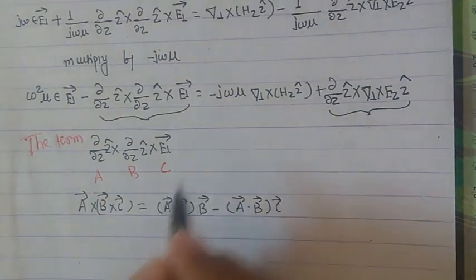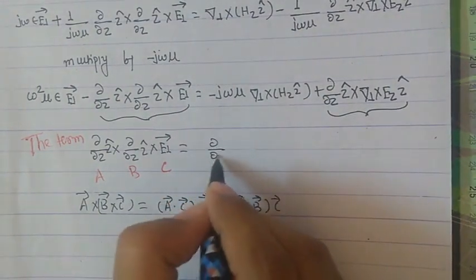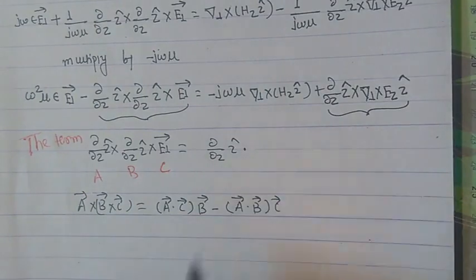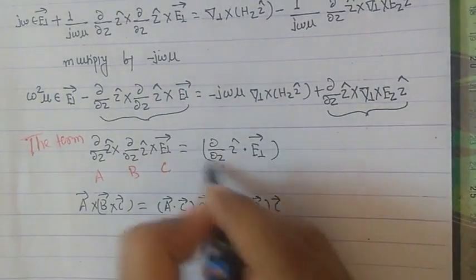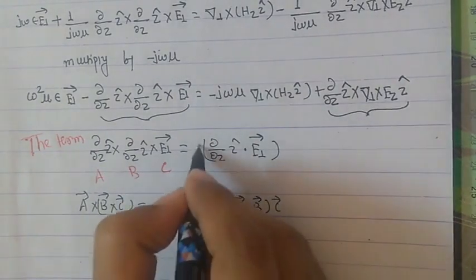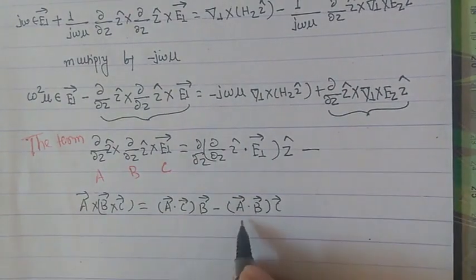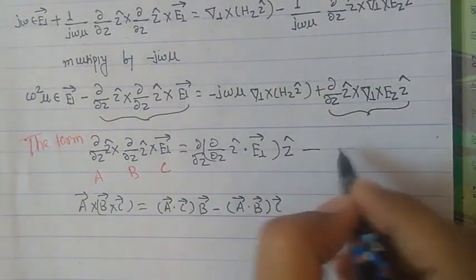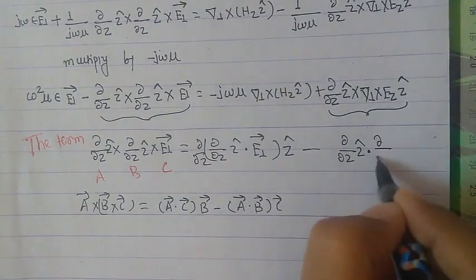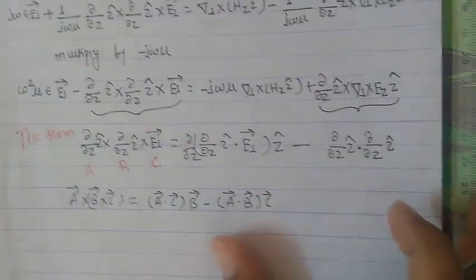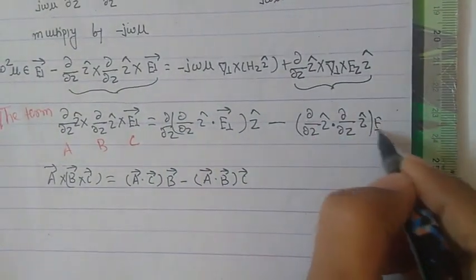So use this identity. So A dot C is del by del z z dot E transverse into B. So it is del by del z of z minus A dot B. So del by del z z dot del by del z z into E transverse.